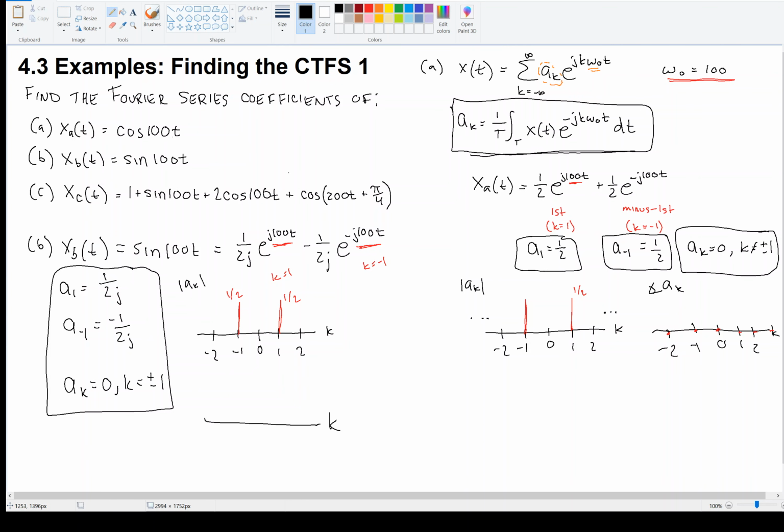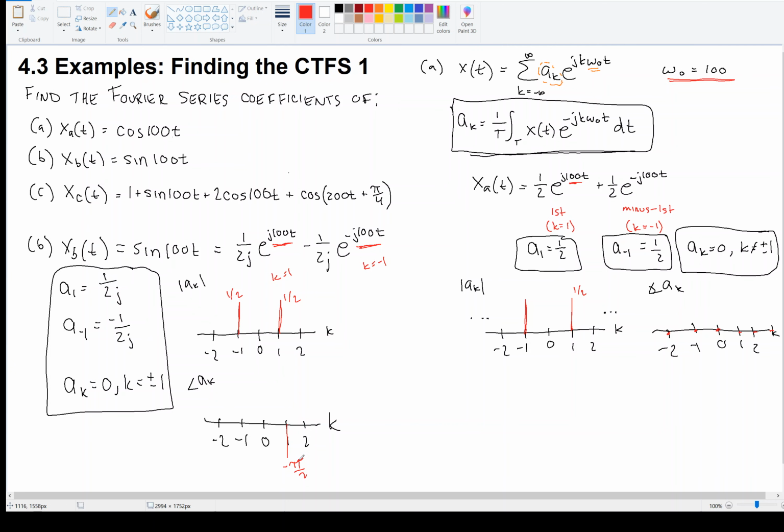What does the phase of the Fourier series coefficients look like? Well, what's the phase of A1? What's the phase of 1 over 2j? Well, that's negative 90 degrees, or negative pi over 2.